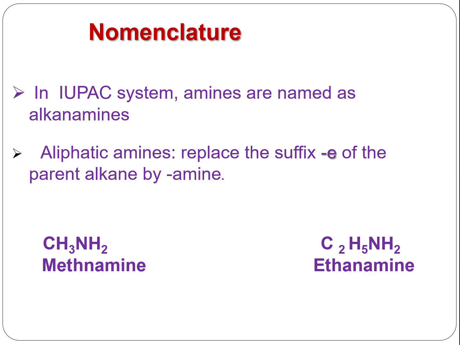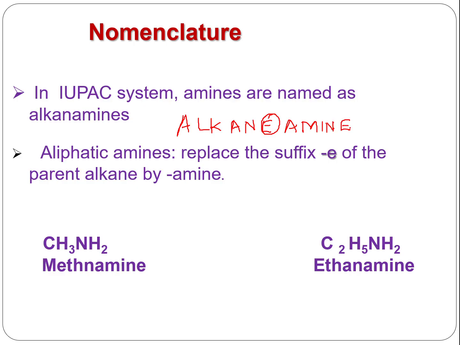In the IUPAC system, the amines are named by writing the alkane first, and from the alkane, the E is substituted, and in the place of E, amine is written.